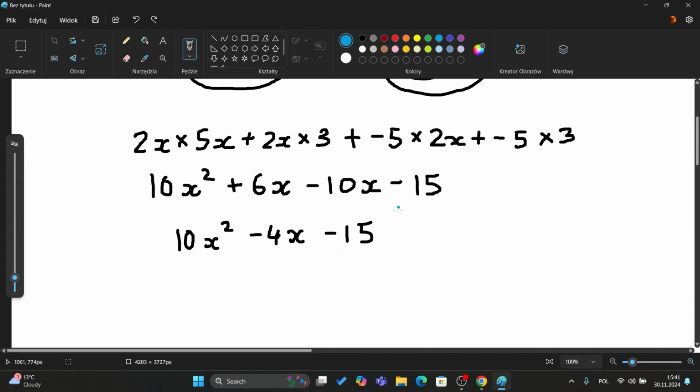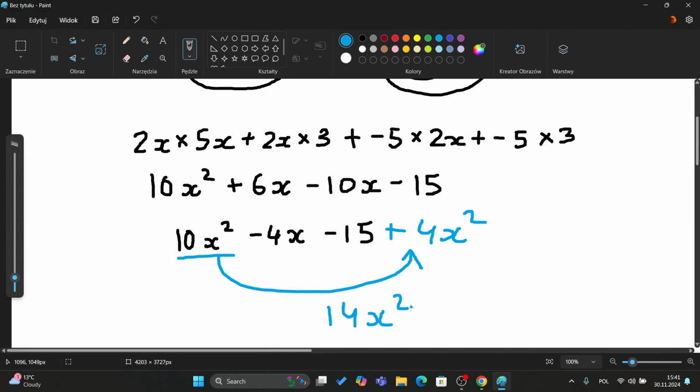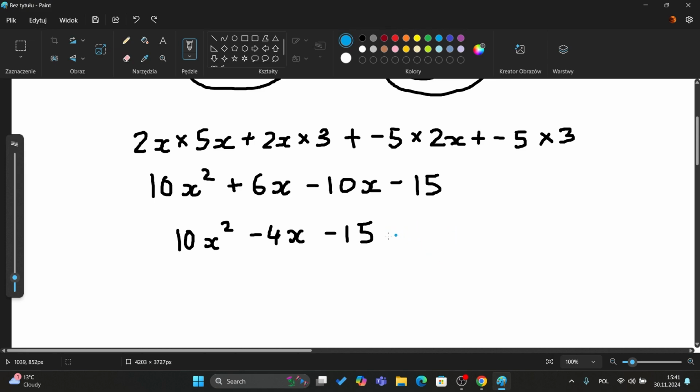If there was plus 4x squared, then x squared would have a friend, and they would need to be added together to get minus 14x squared. And if minus 15 had a partner like plus 4, then we would have to add them together. But since they all don't have friends, they stay separate.